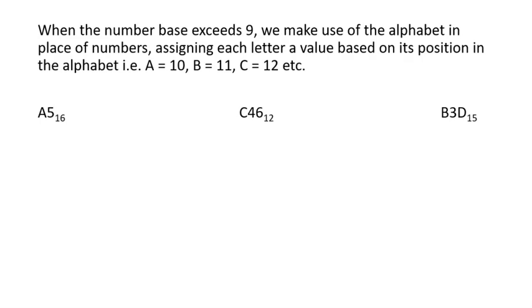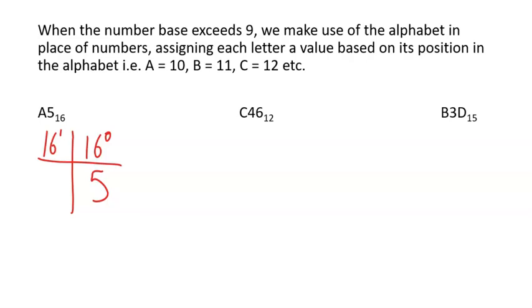And then we build the system up from there. So let's imagine I've got A5 to the base 16. Well, what that means is I'm going to represent it as powers of 16, so 16 to the 0, 16 to the power of 1, and because it's A5, I have to put each of those digits in the corresponding position.